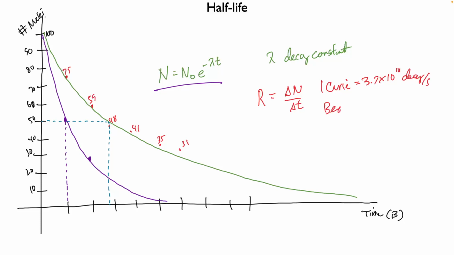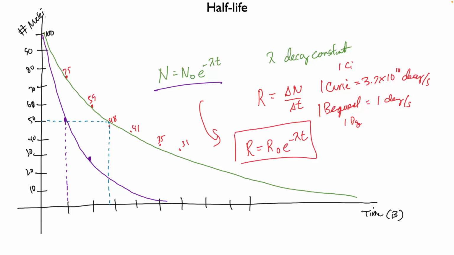A becquerel, 1 Bq, so this is 1 Ci and this is 1 Bq, those are the symbols, is 1 decay per second. The becquerels aren't used very often. But this equation up here becomes your rate that you measure now is equal to the rate that the sample began with times this decaying exponential function.